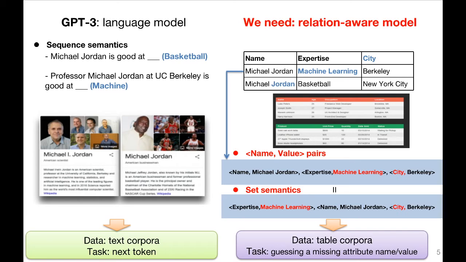Because of these characteristics, we need to train a relation-aware model, different from GPT-3, which uses text corpora and next token task for pre-training. We use table corpora to pre-train the model and design a new pre-training task that is suitable for relational data.